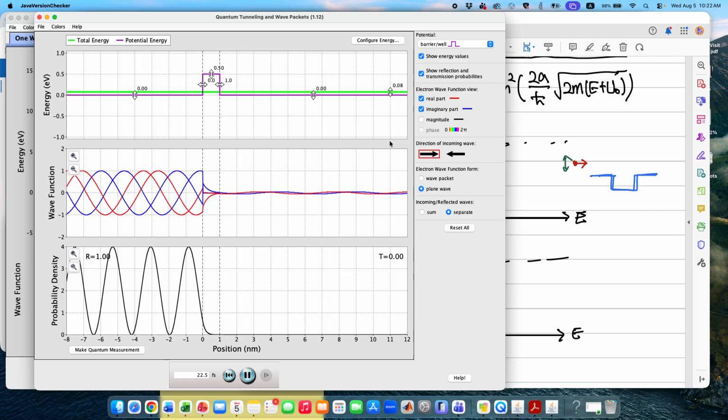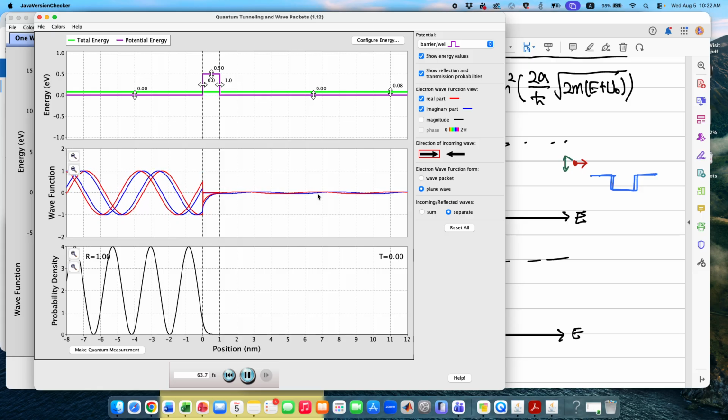It's no longer infinitely long. In this case, if you look at it, a very small wave is transmitted, right? Mostly it is reflected back, okay?